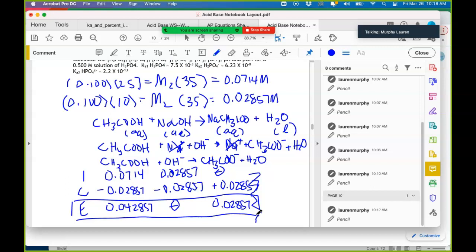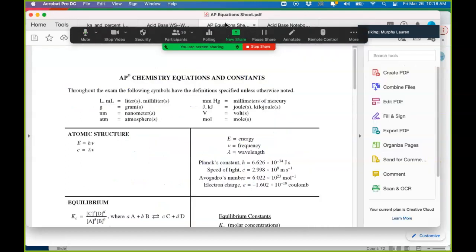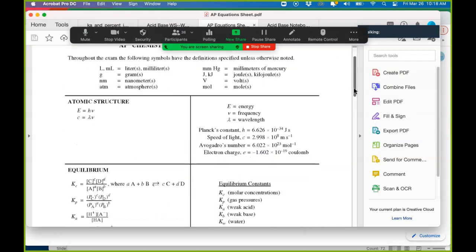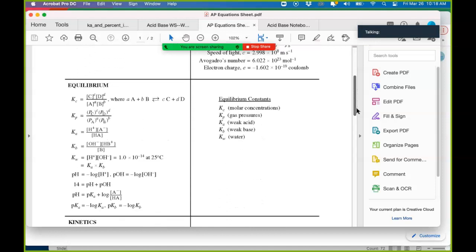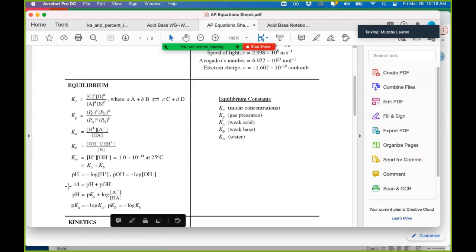That is not going to work for a weak, strong titration right now. So if you go look on your equation sheet, there is actually another pH equation that I'm about to introduce. And it looks like this. Ooh, hello.